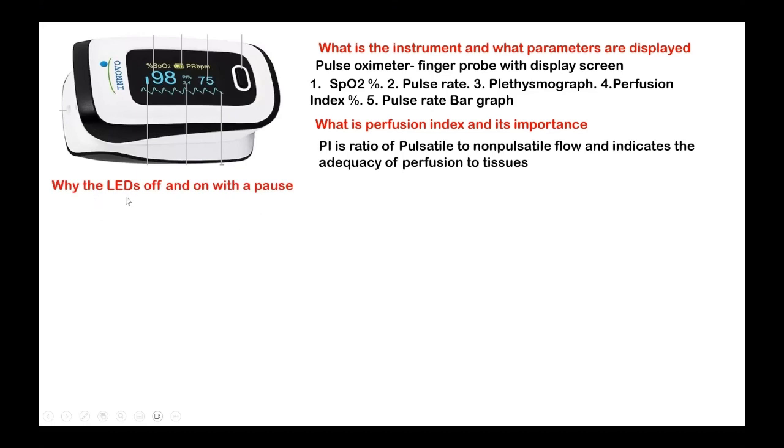Why do the light emitting diodes, if you have seen, switch off and on again with a pulse? You open it and see the red light inside the probe, it will not be continuously glowing. It will be switching on and off. What is the reason?